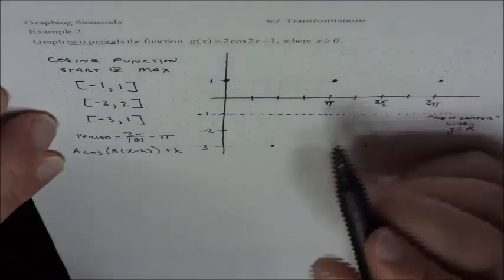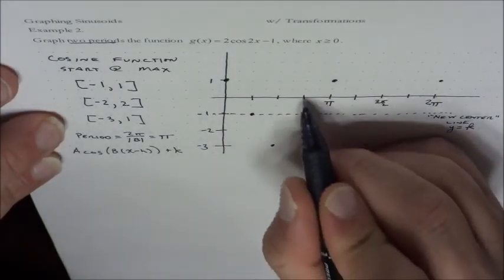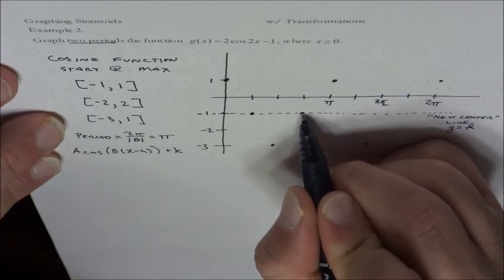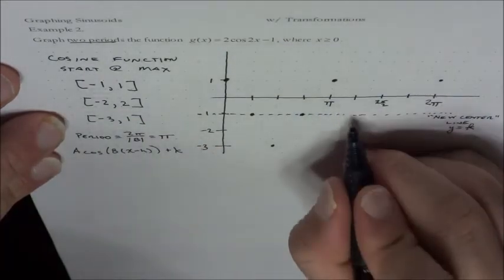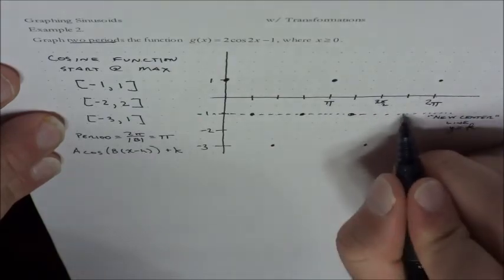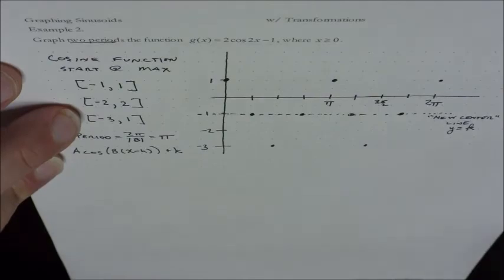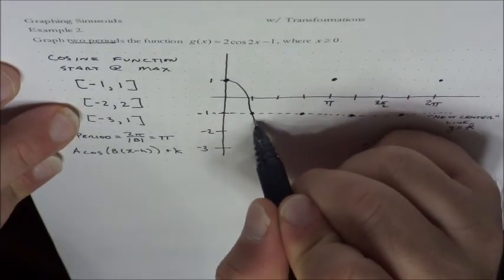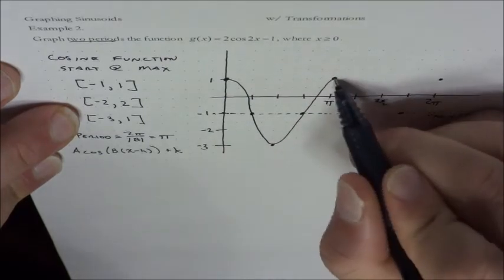So I draw in that new center line, and I know that at 1/4 of my period I will be on that center line, and at 3/4 of my period I will be on the center line for my cosine function. At 1/4 of the period on the center line, at 3/4 of the period on the center line, right? And I can come in and play connect the dots, right?